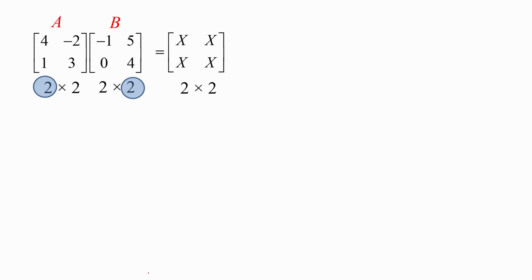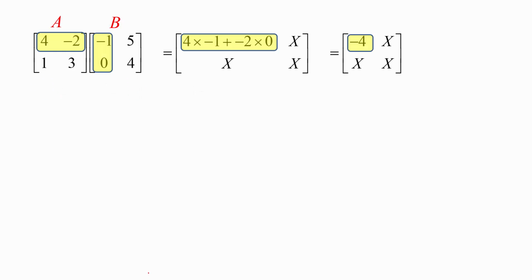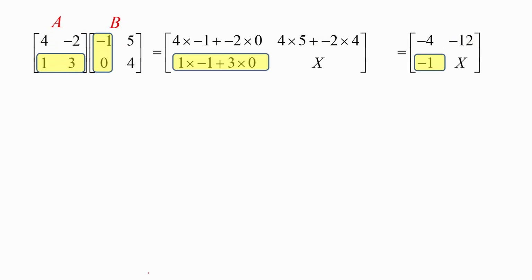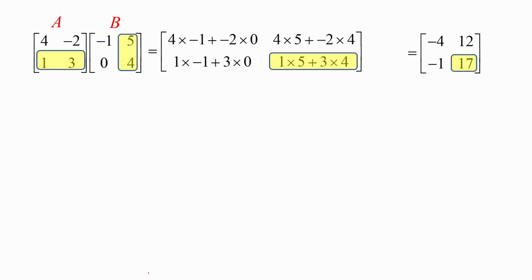First row of A, first column of B, like that, and multiply to give us an answer of -4. Then the first row of A with the second column of B to give an answer of 12. Then the second row of A with the first column of B to give -1. And finally, second row of A with the second column of B to give 17.